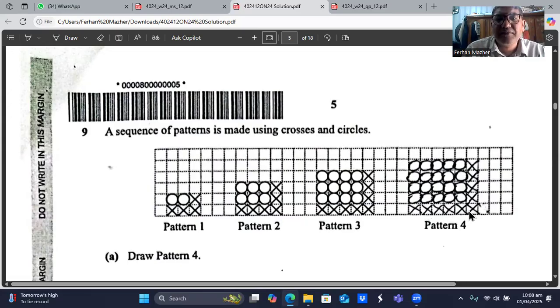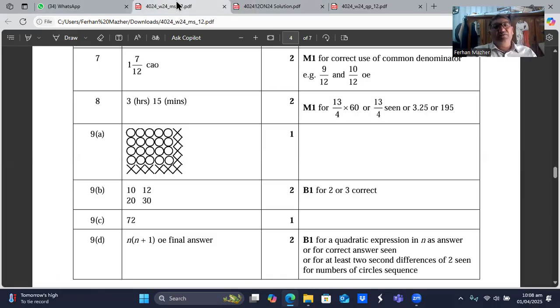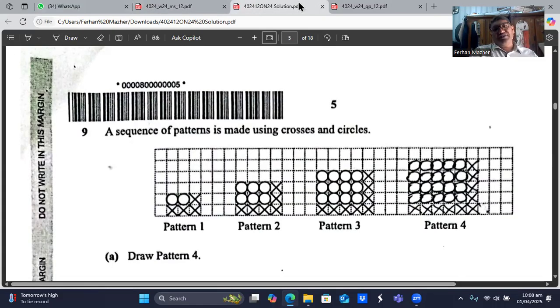Okay, and 1, 2, 3, 4, 5. And here we have five circles and 4 rows. So this is how you draw the fourth pattern. Let me show you. Can you see this in the marking scheme as well? So this is how this is done.